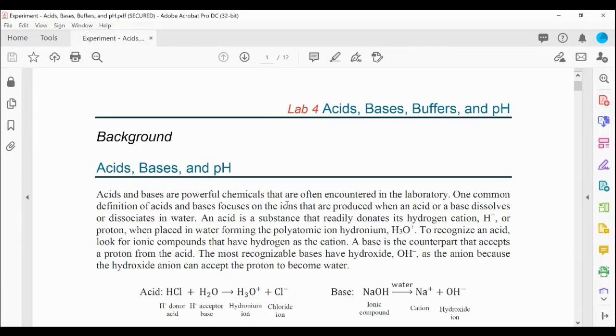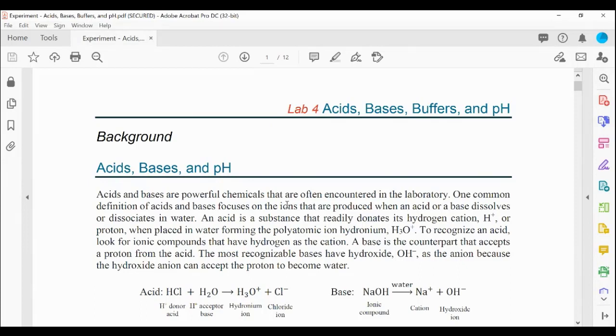The easiest bases to recognize are the ones that have a hydroxide group, which is an OH- group, because the OH- group can accept a proton to form water.